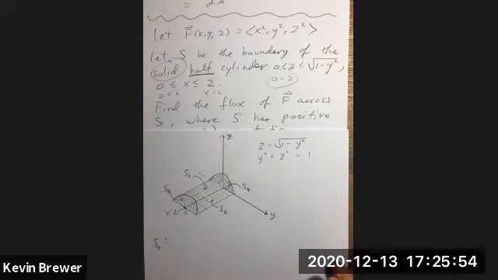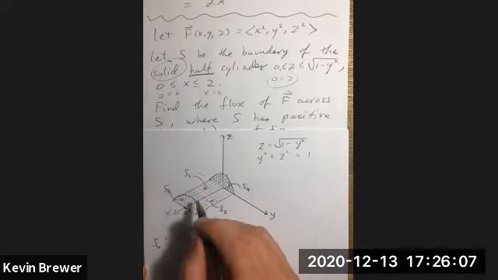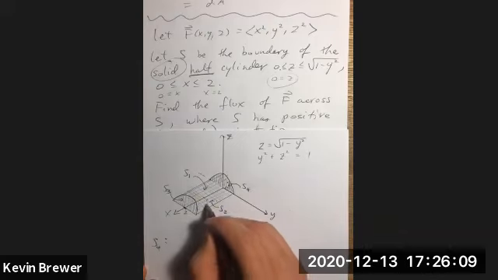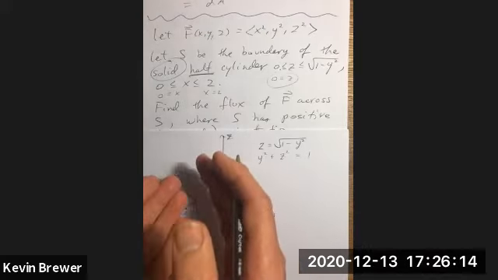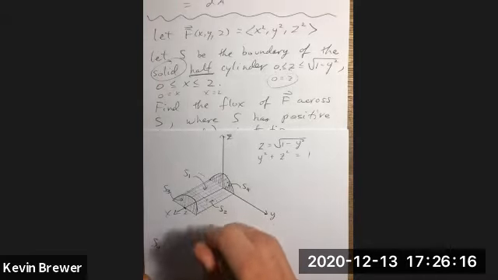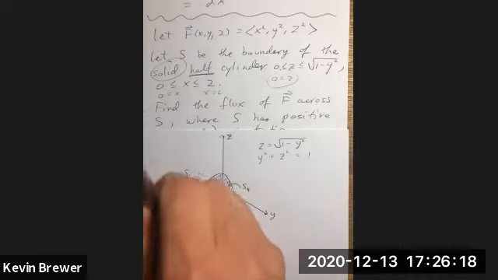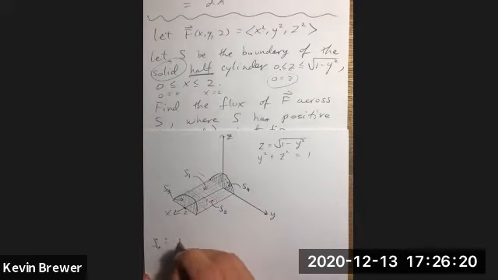And you always just need to start by characterizing this surface as a function of 2 parameters, characterize the normal vector. So here for S1, since S1 is on the XY plane and the solid is above the XY plane, outward is down.